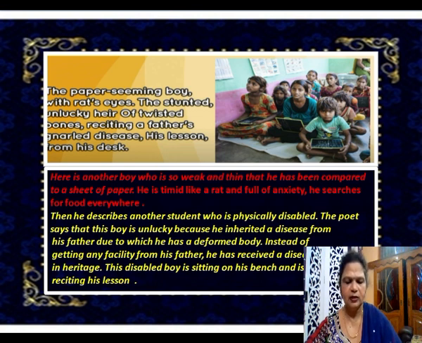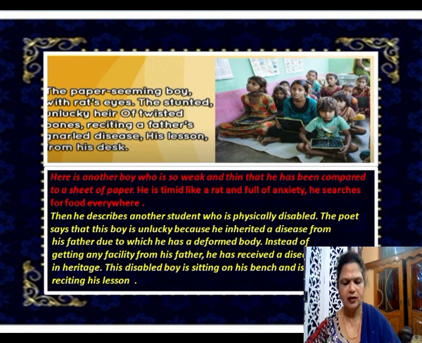This boy is very weak, very thin, and he has been compared to a sheet of paper. He is timid like a rat, full of anxieties and searches for food everywhere.